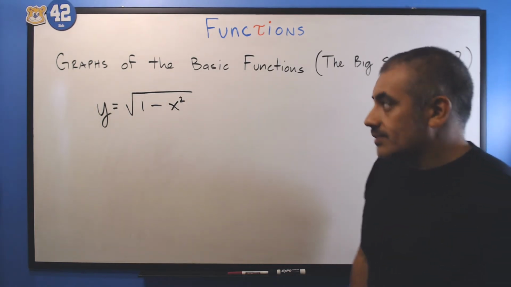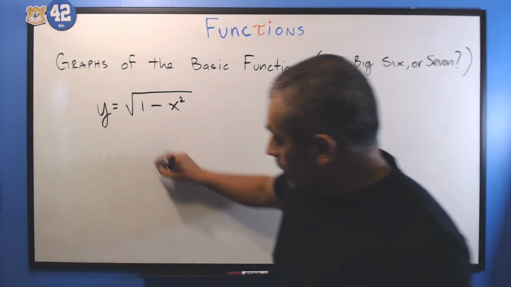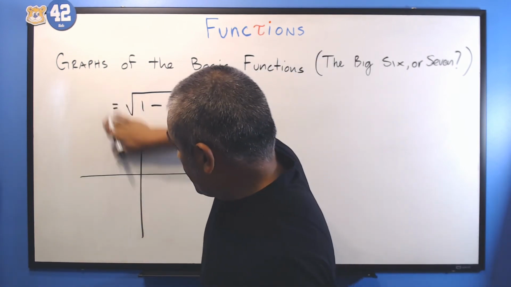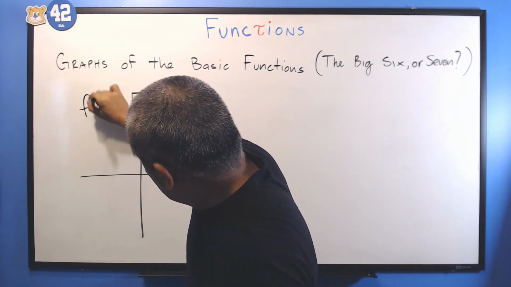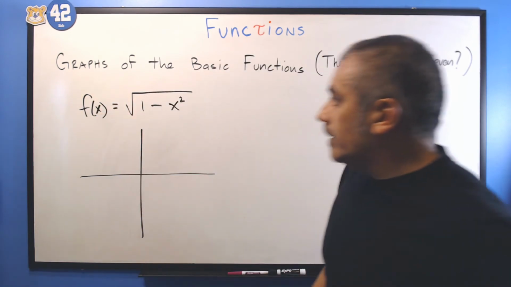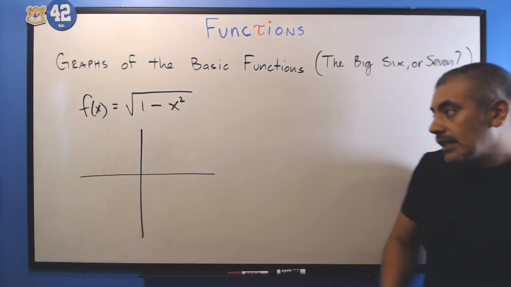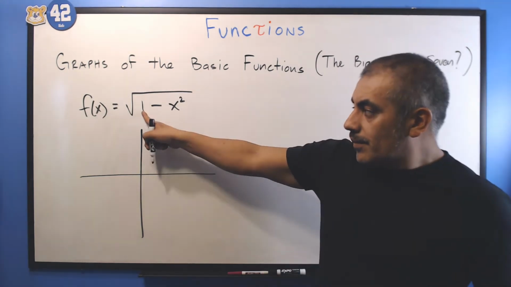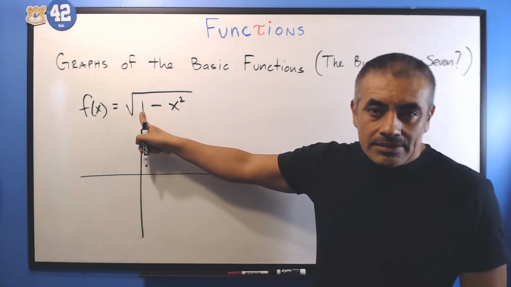This is a semicircle. It's a semicircle, therefore it's a function, which means that I should have written it as f of x, but that's fine. F of x equals that. Now, something particular to note: this number here, that's the radius.